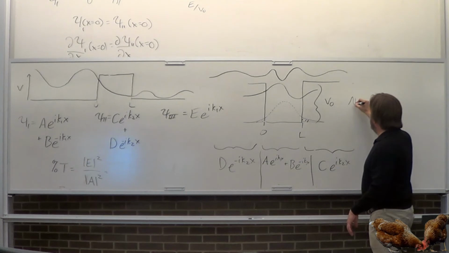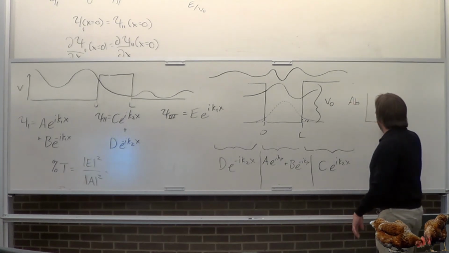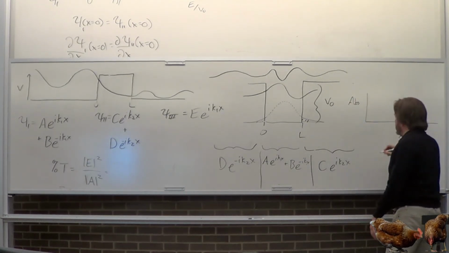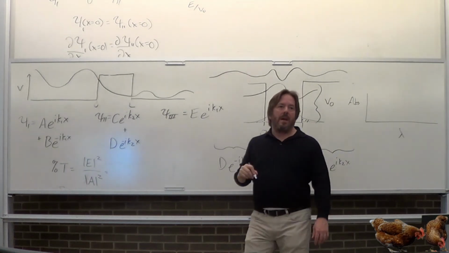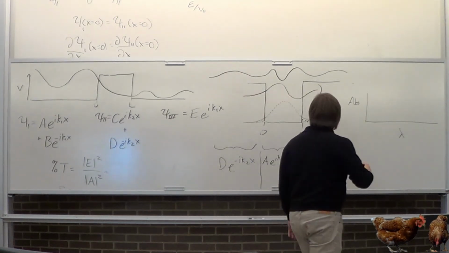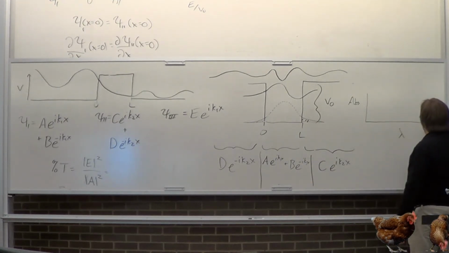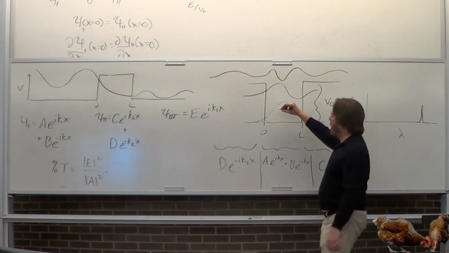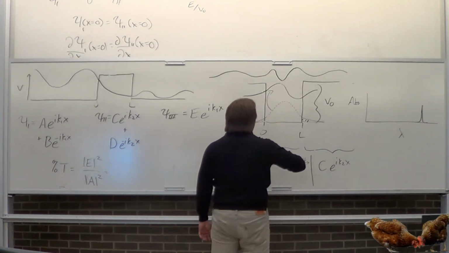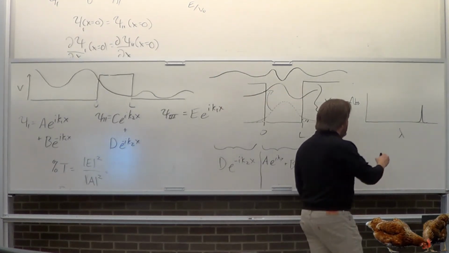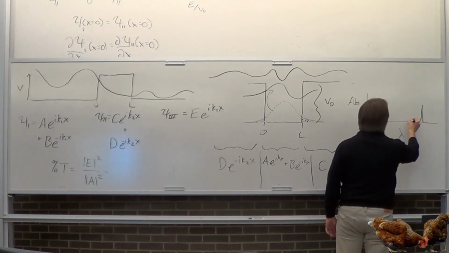So if I was to do this, absorption versus wavelength, which remember is inverse energy, what you would see is the ground state being excited to the first state here, but then you would see something like this.